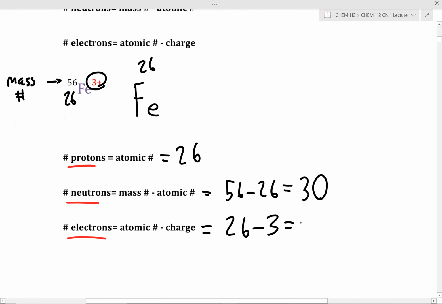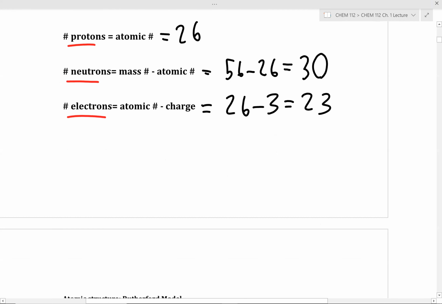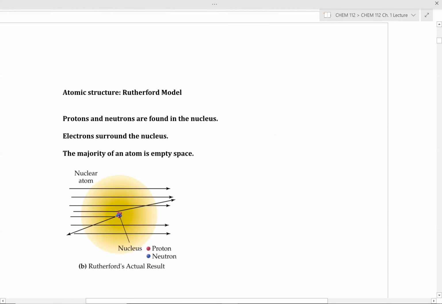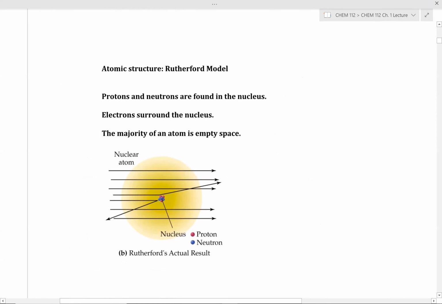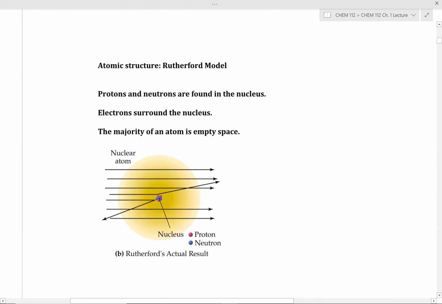Since this is a cation, as we can see, we have fewer electrons than protons. Does that make sense? If you had to pick one skill to really focus on, you want to be really, really competent at calculating the number of electrons.